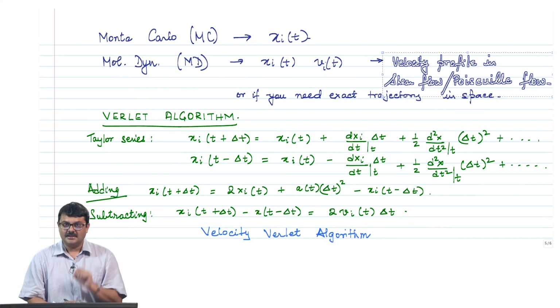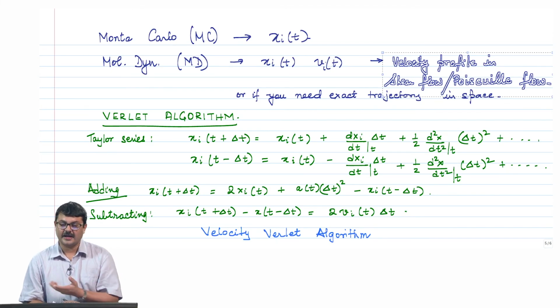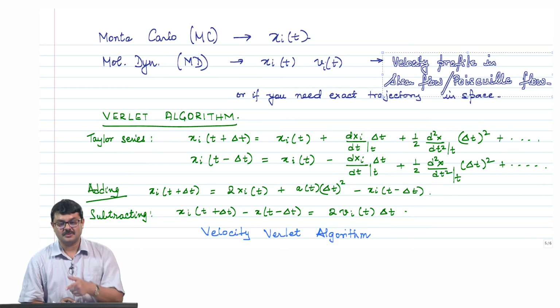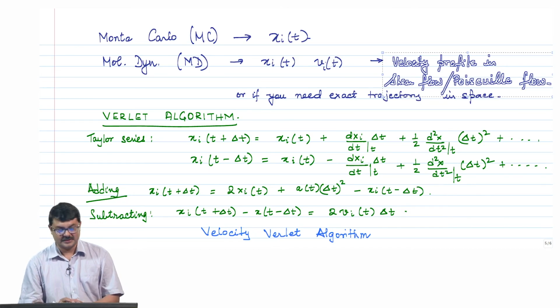Having said that, though we will not discuss it in great detail, one also at times looks at Monte Carlo simulations to look at dynamics or evolution of a system, that is also done, but you do not have access to the velocity degree of freedom, right.